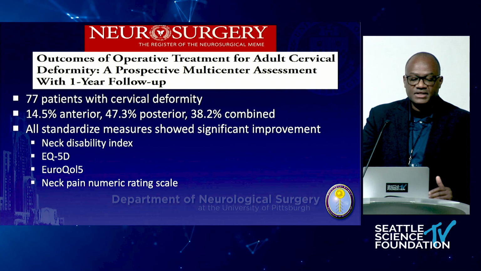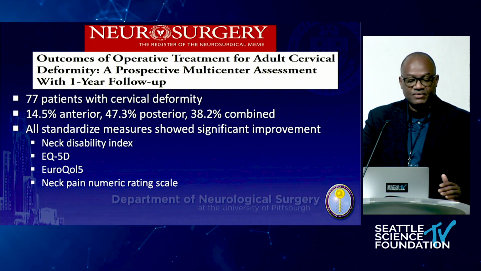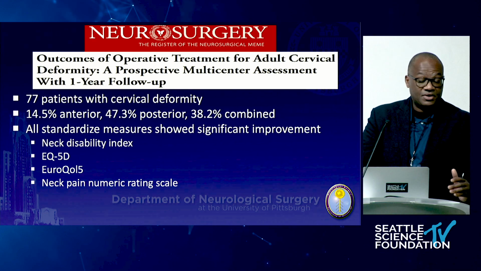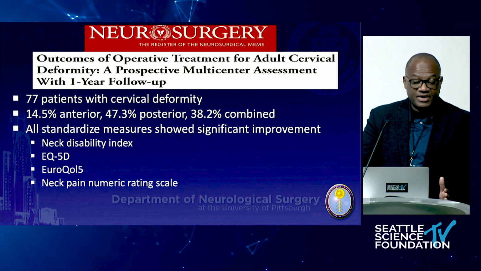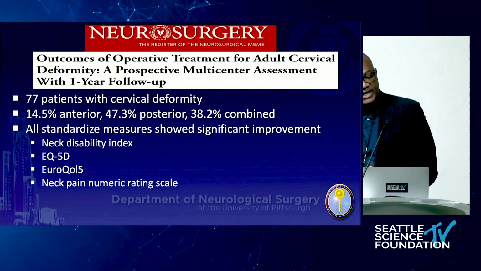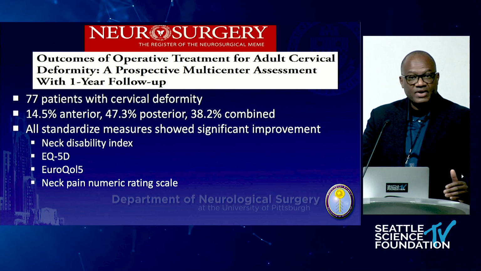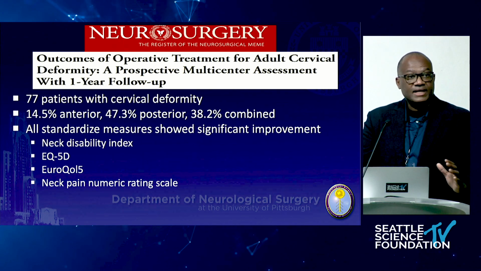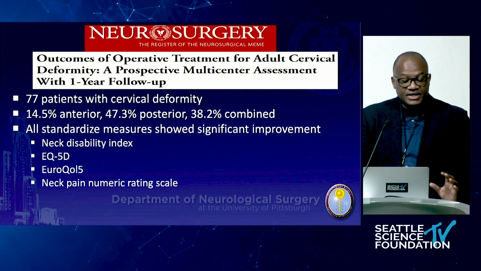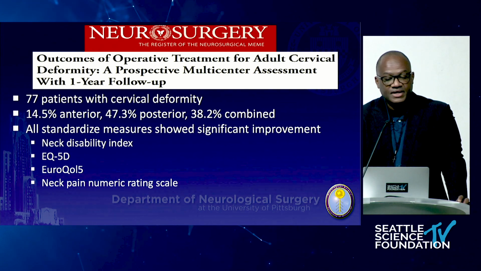All of these, if you look at cervical deformity, anterior versus posterior or combined, show significant improvement in your neck disability index, EQ5D, and other pain drivers in health-related quality of life if your alignment is within a tight range, which we call close to normative, age matched.